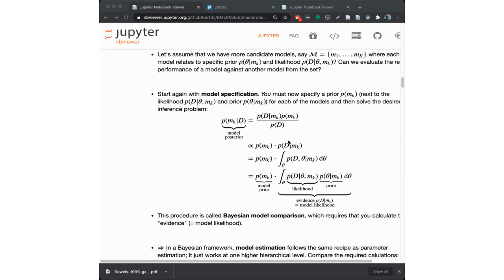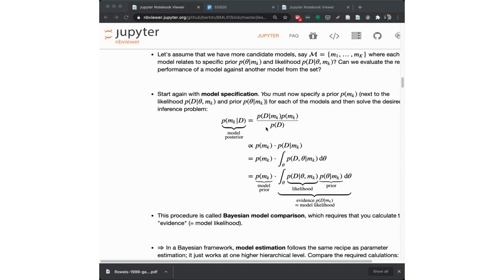The idea is that if I'm interested really in just the probability distribution over M_k given the data, then I know that summed over all M_k, this is going to add up to 1. I know that because it's a probability. So as a function of M_k, I can sum this to 1. P(D) is not a function of M_k. So with respect to M_k, this is just a constant, it's a value.